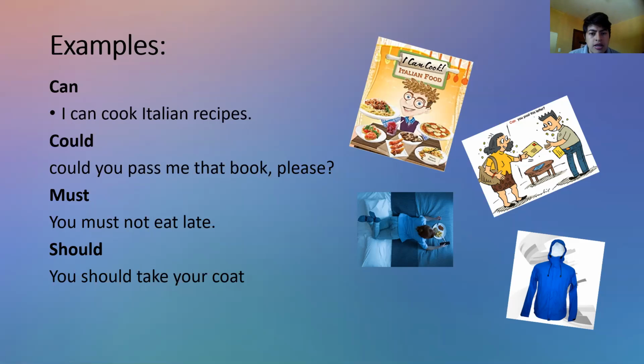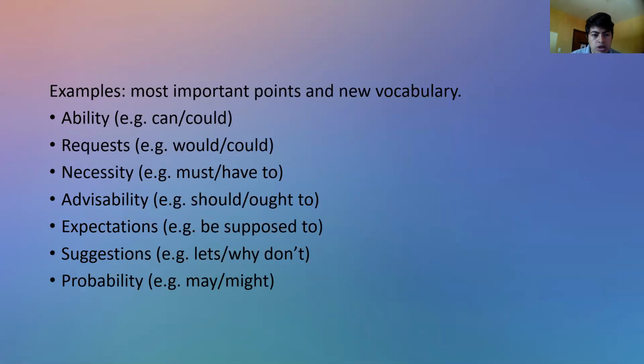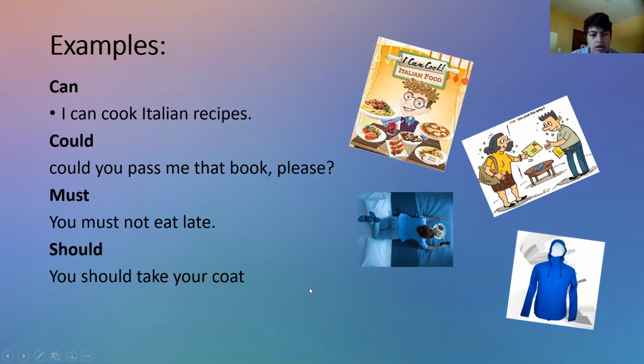That he is very good at cooking Italian food. With could, we can check could is for ability or request. In this example, we have a request. Could you pass me that book, please? He's making a request, okay?